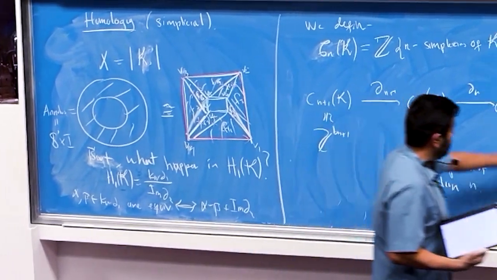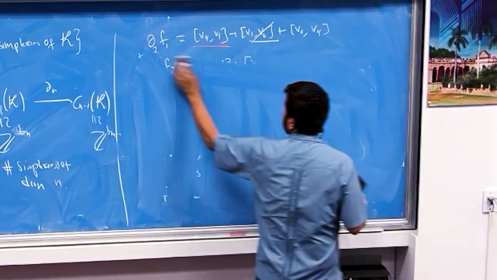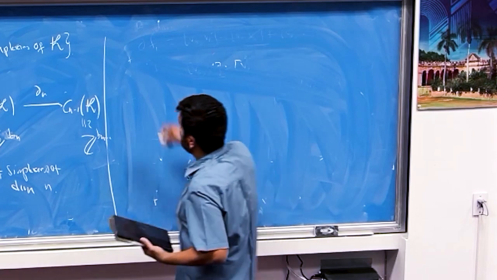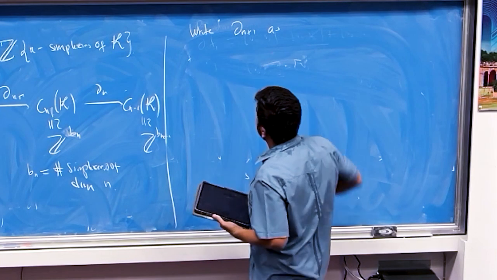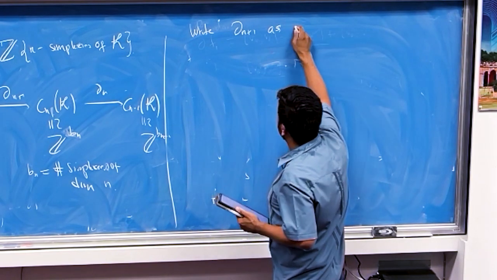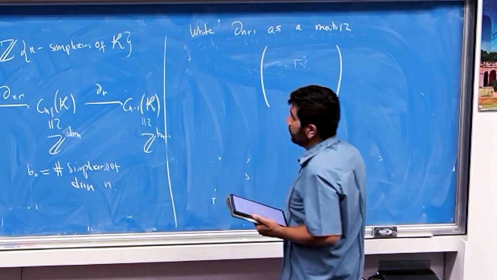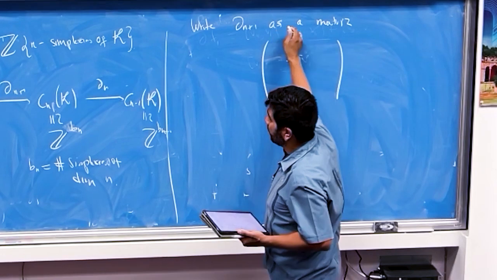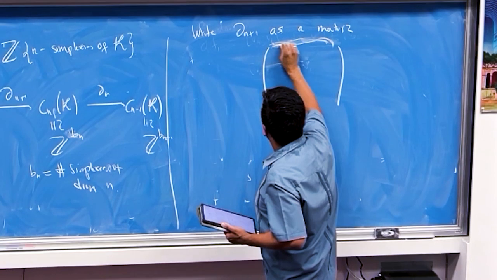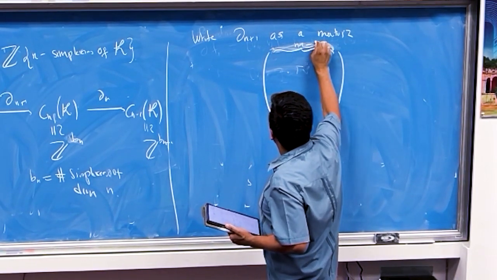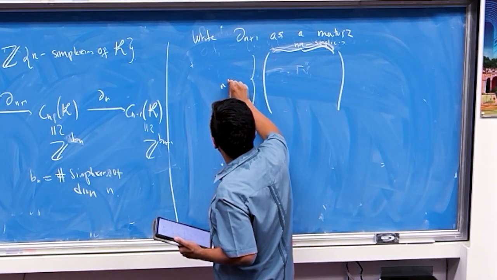So the technique to compute the homology is to write ∂_{n+1} as a matrix. The columns represent the n+1 simplexes, and the rows represent the n simplexes.